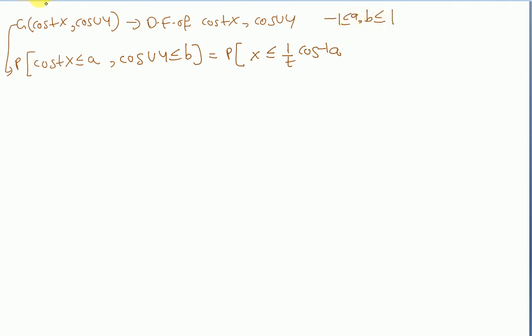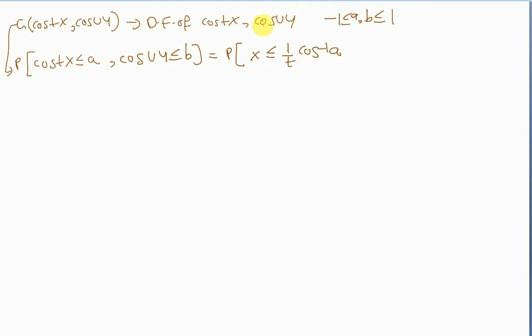And why are we taking a and b between -1 and 1? Because these are the values of the random variables cos tx and cos uy. We may take a value of a or b out of the range -1 to 1 too, but the probability of getting values of cos tx and cos uy out of the region -1 to 1 is worthless. So cos tx and cos uy random variables are defined only in the range -1 to 1.